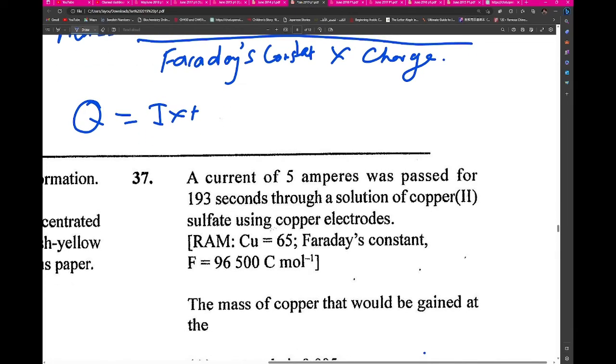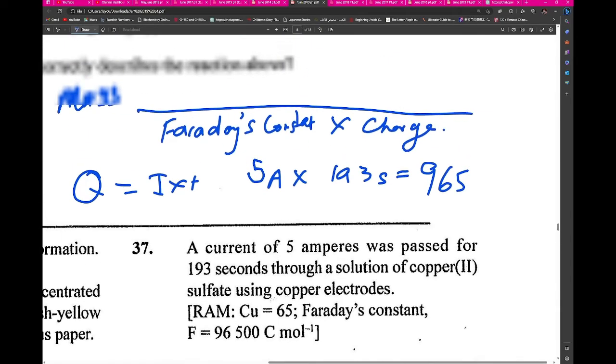So if we try to find the charge, current times time, we have 5 amperes times 193 seconds. We should get 5 times 193, 965. That would be the charge in coulombs.